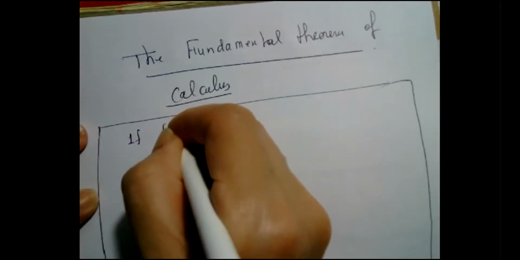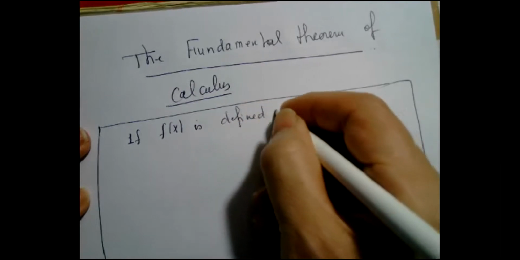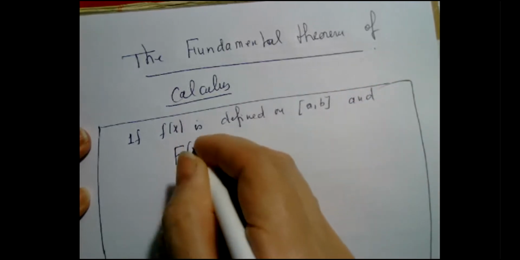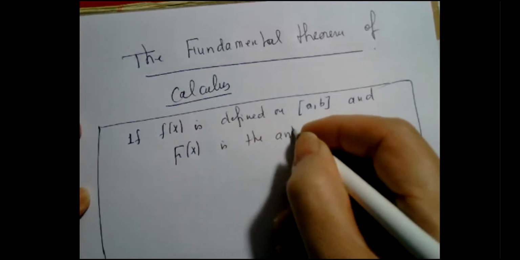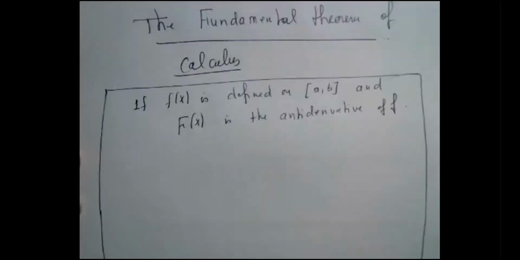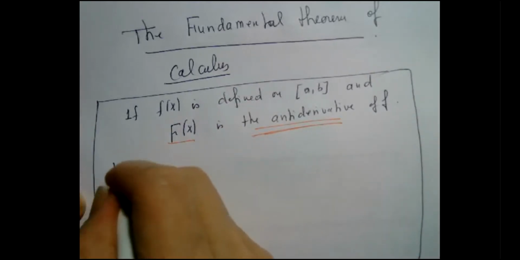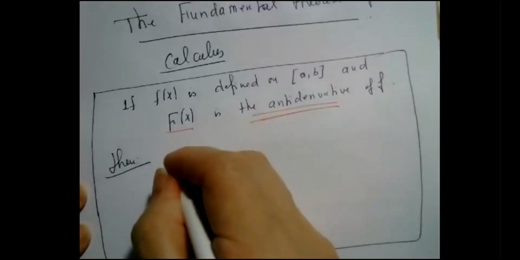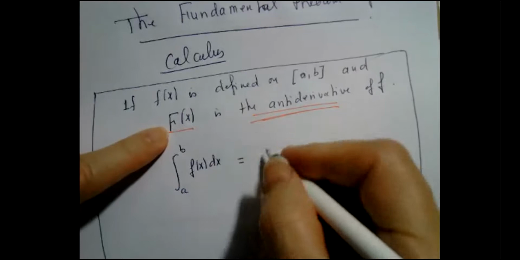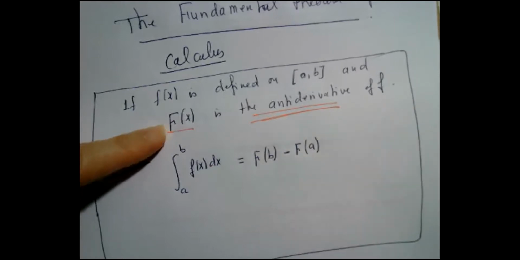If f of x is a function defined on an interval [a, b], and big F of x is the antiderivative of f, then to evaluate the integral from a to b of f of x dx, we take the value of the antiderivative at the upper limit minus the value of the antiderivative at the lower limit.